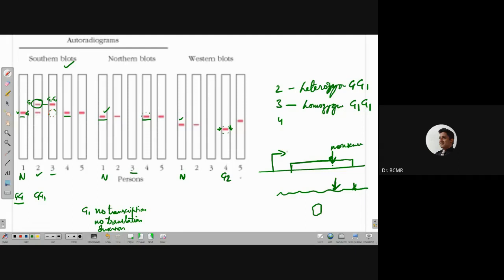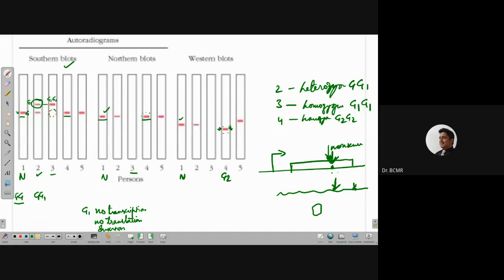So most likely 4 is homozygous for G2. Again, it could be a nonsense mutation within the reading frame, or a frameshift mutation, which might have resulted in a smaller protein. Those are the two possibilities. Otherwise, there are no large scale changes in the gene.